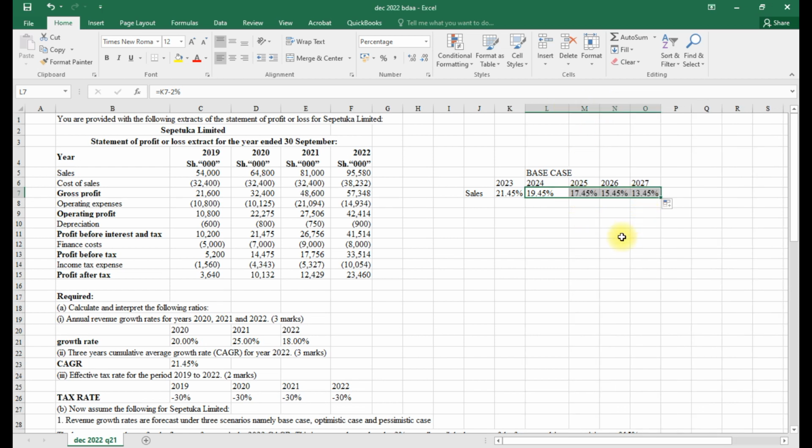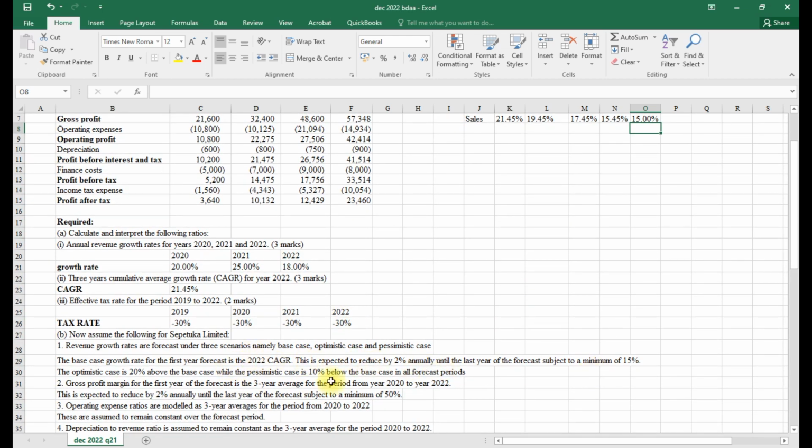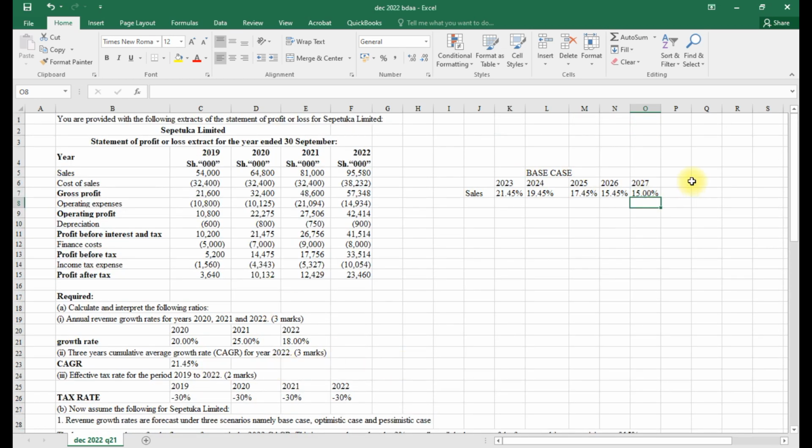that way. So you can see now it will reduce until 2027 is 13, but you're told what? Up to a minimum of 15%. So for this one we shall change and we put 15%, the minimum of 15% for that particular base case. And the optimistic case is 20% above the base case. So for the optimistic, let me just write it here.